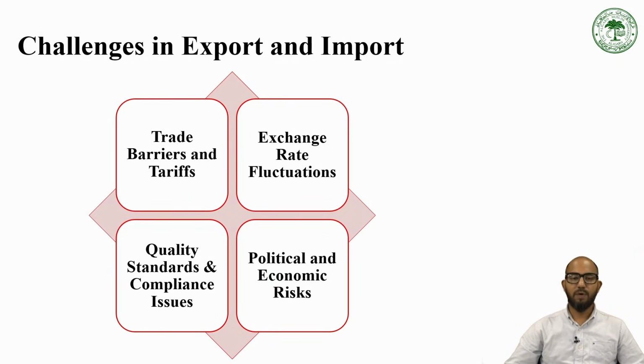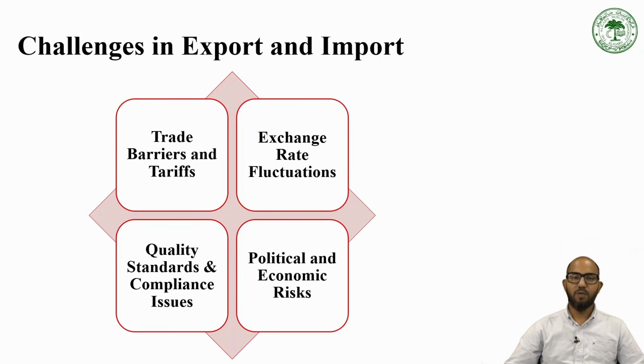The third is political and economic risk. Different political scenarios do challenge exporters and importers. For example, a situation of conflict and war creates problems for goods and services to reach a destination. Economic risk involves different crises, challenges, and inflation, which can hamper exports and imports.